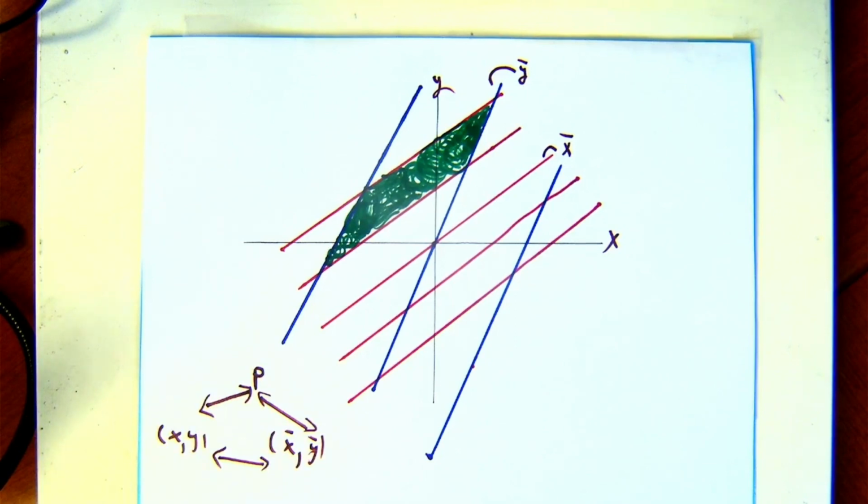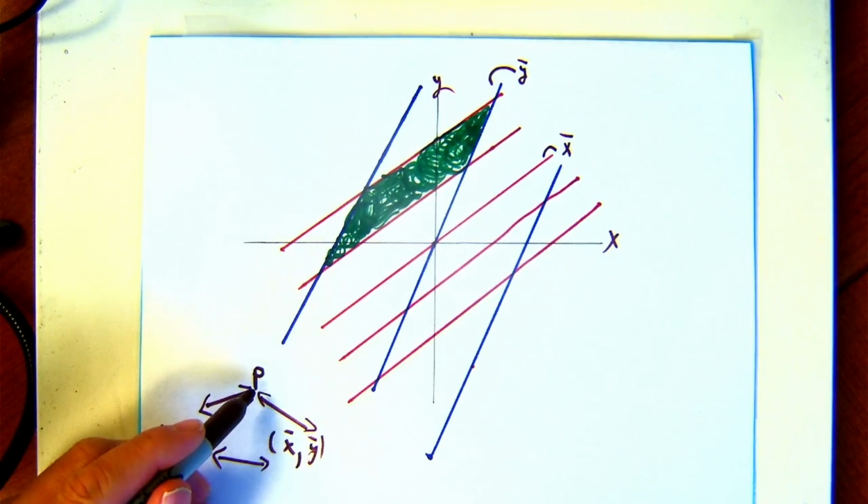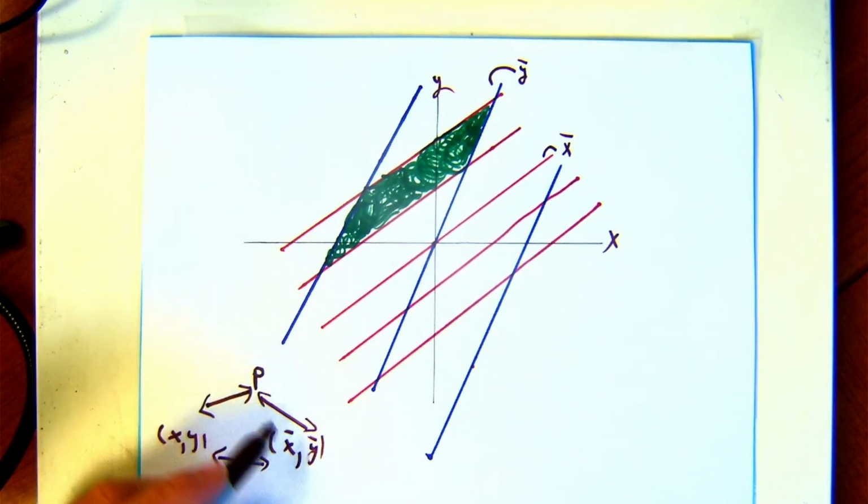If you give me xy coordinates, there's exactly one point to go with them. That one point has exactly one pair of x bar, y bar numbers to go with it. So given an xy, there's a single x bar, y bar to go with it.